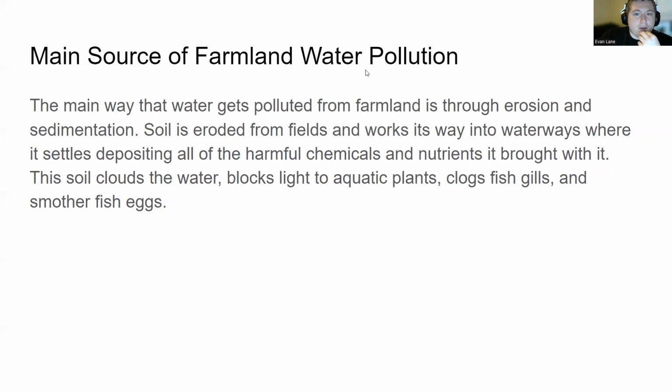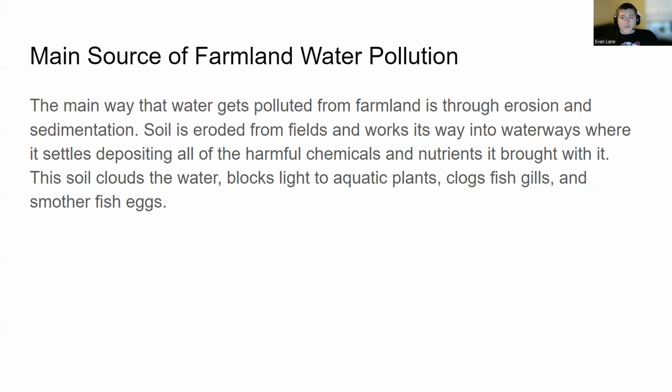The main source of farmland water pollution, when I say source, it's really the main vehicle they use to get these nutrients to waterways. The main way that the water gets polluted from farmland is through erosion and sedimentation. When soil is eroded from the fields, it works its way into waterways, either through direct deposit of water, or it lands in there from the air. It creates murky water, and this murky water blocks light to aquatic plants.